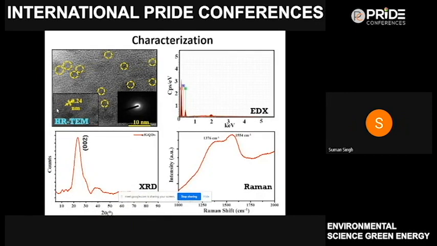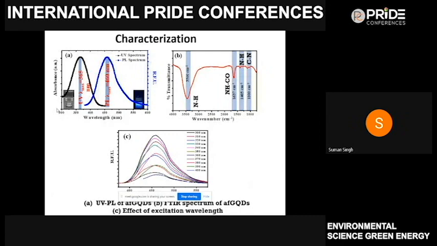These quantum dots were also characterized for their morphology, optical properties, and crystallinity, and the TEM study showed that dots of 1 to 2 nanometers have been synthesized. Then this is the UV spectrum and PL spectrum, with absorbance at 365 followed by emission at 460 nanometer.